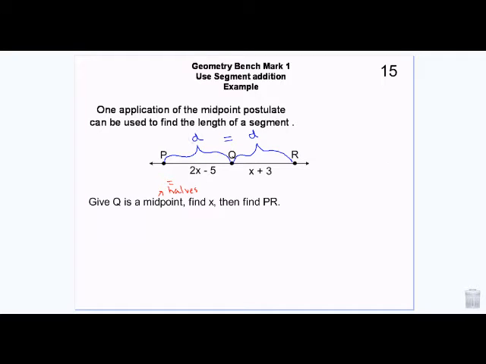So this equals this. I say 2x minus 5 equals x plus 3 because they're the same length. Does that make sense? Is there anybody that doesn't connect with it?